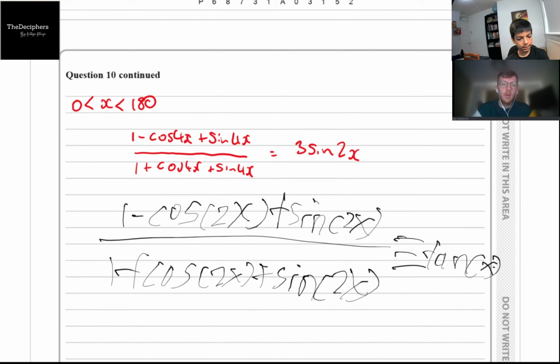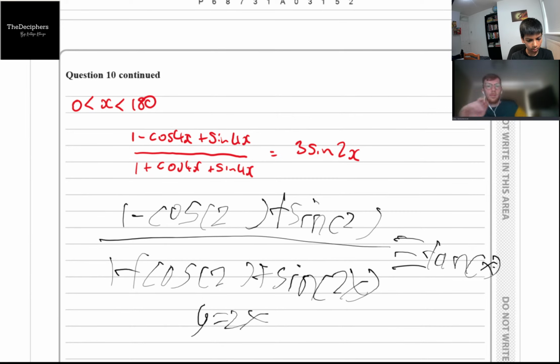And then if it's 4x, then let's just do y equals, if y equals 2x, then we just use the same expression with y. Yeah. So instead of x, it will be... Well, you could do theta, couldn't you? Because the original bit was theta rather than y. The original question was theta.